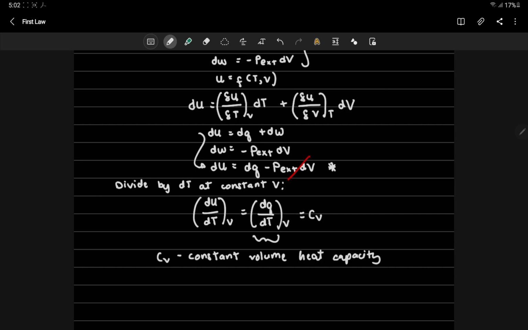So ibig sabihin niyan, may change in temperature, may change din sa heat. And since positive yung derivative, the higher the temperature, gano'n din ang itinaas ni heat. And that happens at constant volume. So that expression is your constant volume heat capacity. Because by definition, heat capacity means gaano kalaki yung change in heat with respect to temperature. So therefore, CV is also equal to the derivative of U with respect to T at constant V. Okay? Because of that equation.